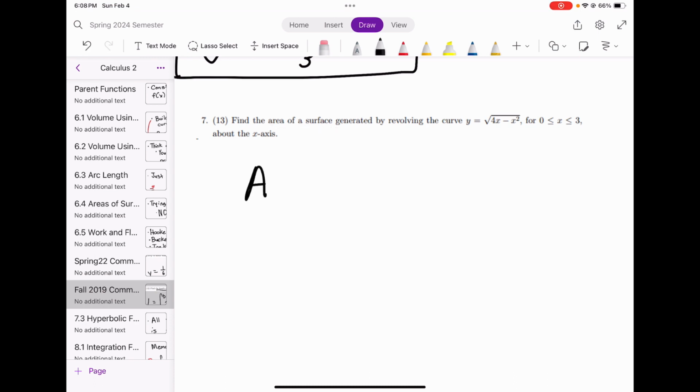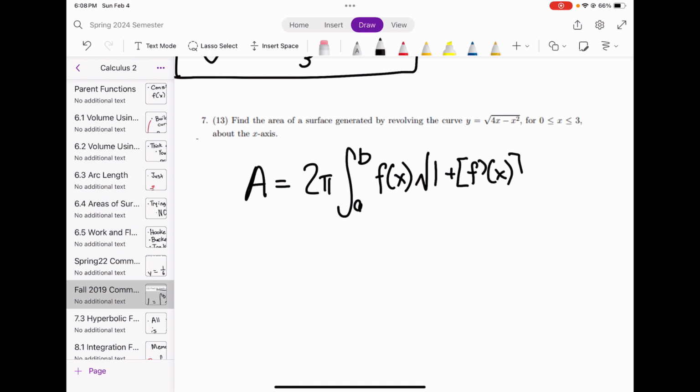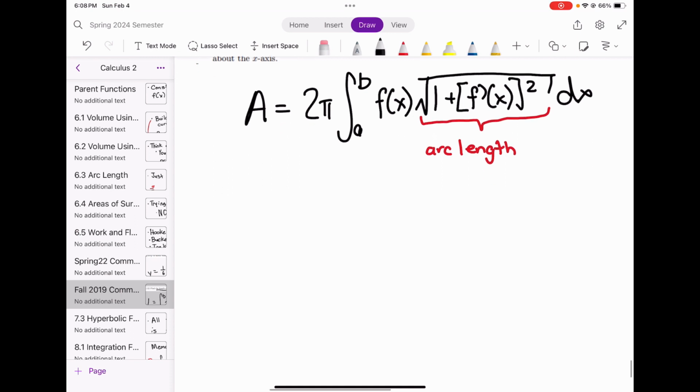So area is equal to 2 pi, the integral from a to b of f of x times the square root of 1 plus f prime of x squared dx. So this right here is your arc length formula that you may remember, which you should hopefully remember before your exam.